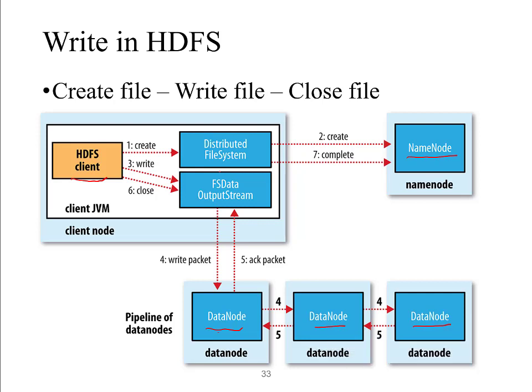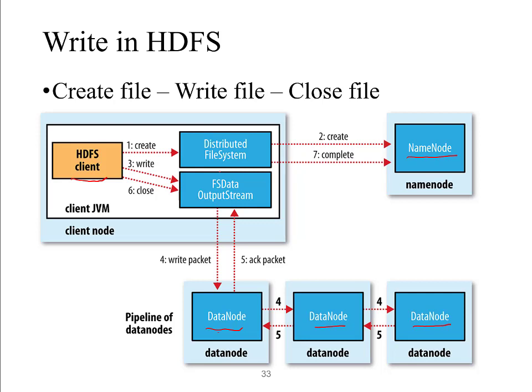Although both of them play essential roles in the writing operation in HDFS, we're not going to dive into the implementation details of these 2 classes. If you are interested, you can refer to the API of Hadoop. But here we will just briefly introduce what they're doing.